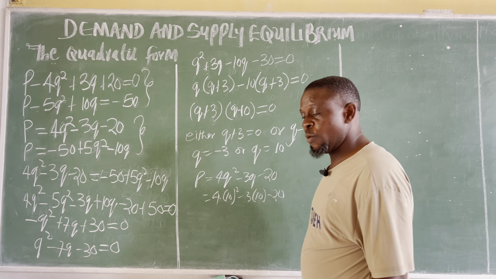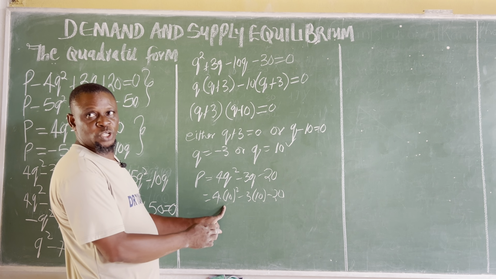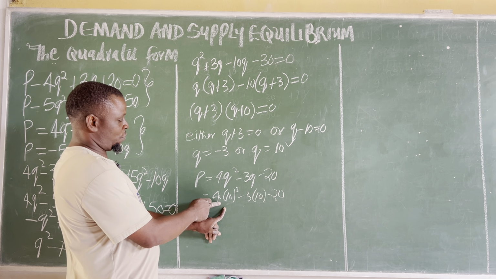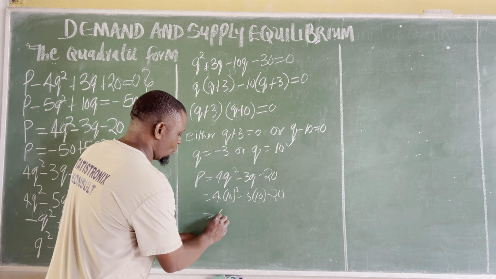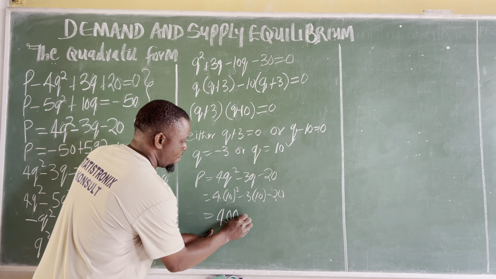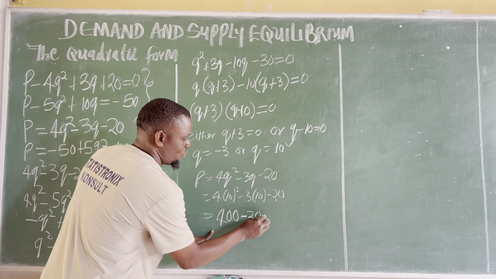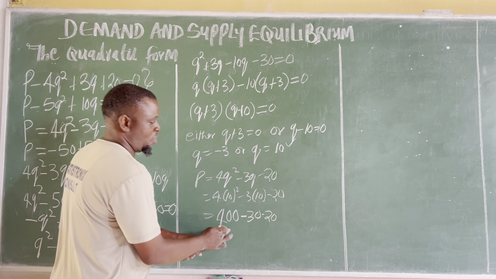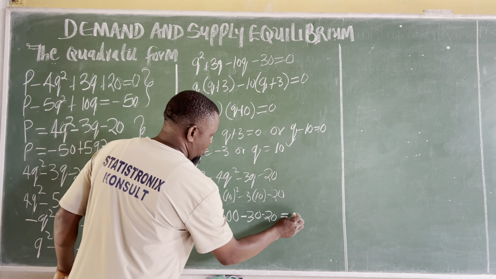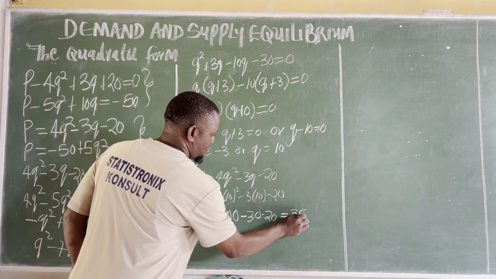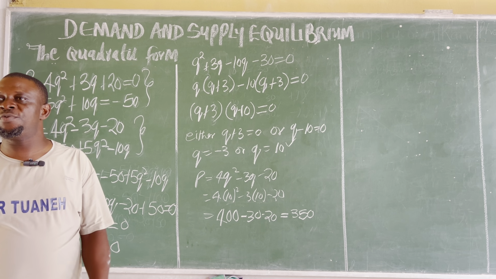And so that will give us, look here, 10 squared is 100 times 4 will be 400. So this will be equal to 400 minus 3 times 10 will be 30 minus 20. And so 400 minus 30 minus 20 will be equal to 350. So the equilibrium price will be 350.